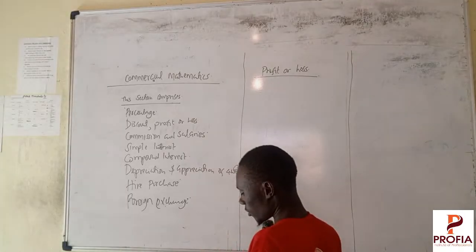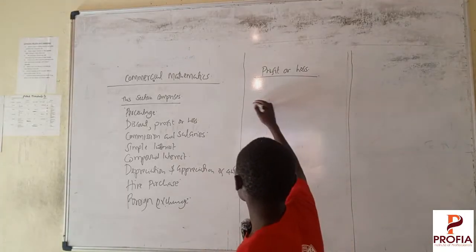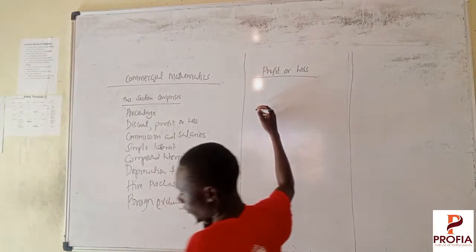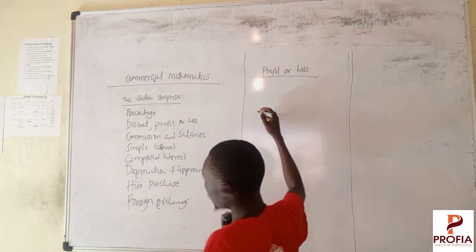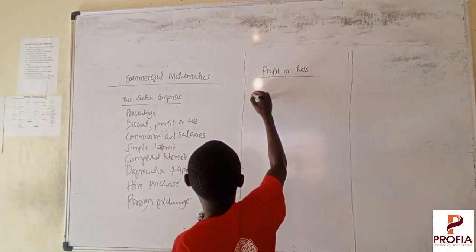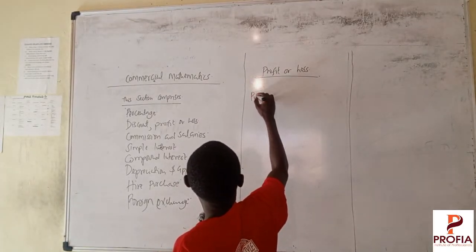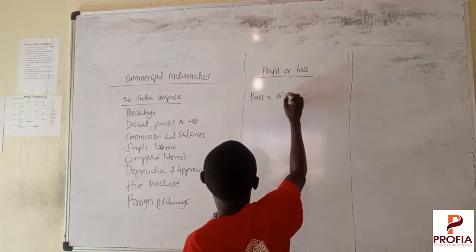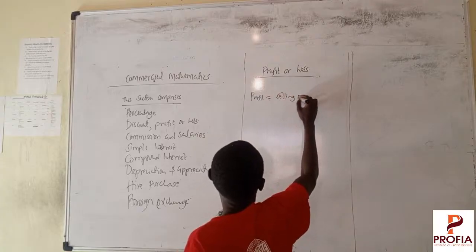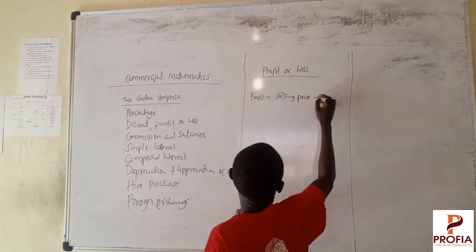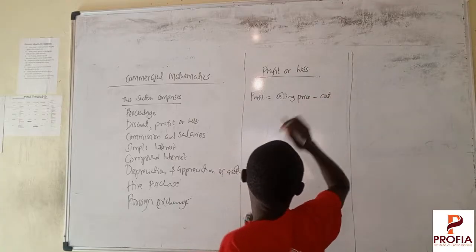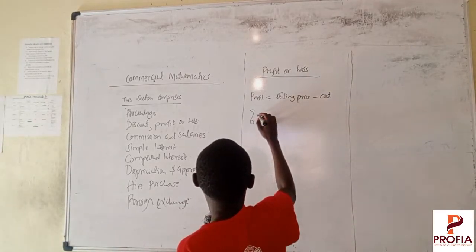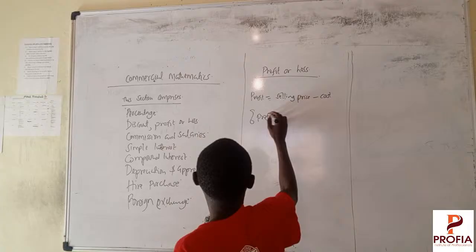You should know the formula of getting profit. Profit will be selling price minus cost. These are some of the formulas that you should know.